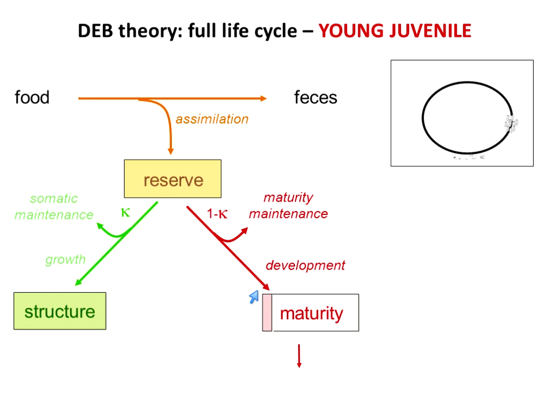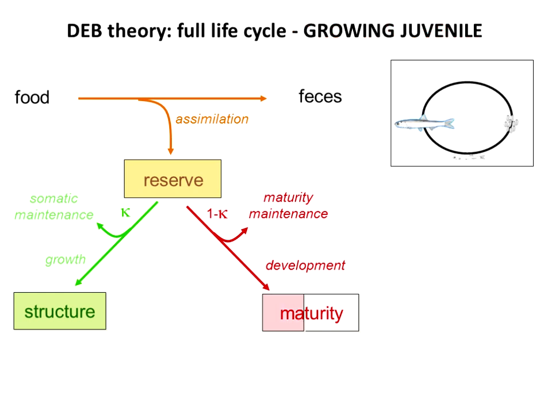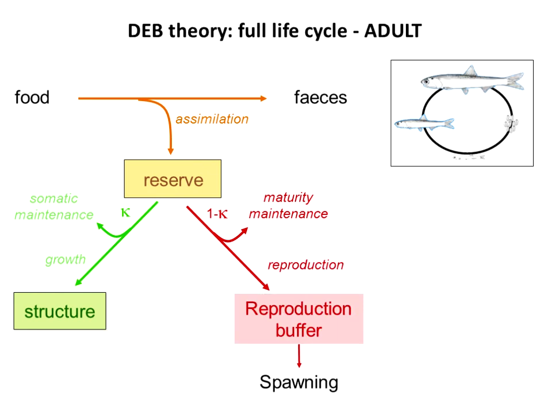This amount of maturity steadily builds up, and then you reach the point where you have a much larger individual. The maturity variable is increasing, still has a bit to go. Everything is proceeding with no changes in allocation until the fish becomes an adult.